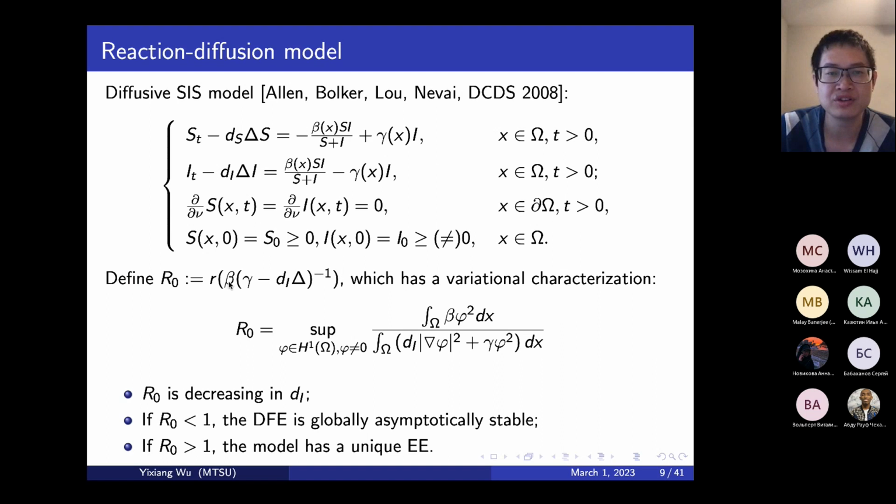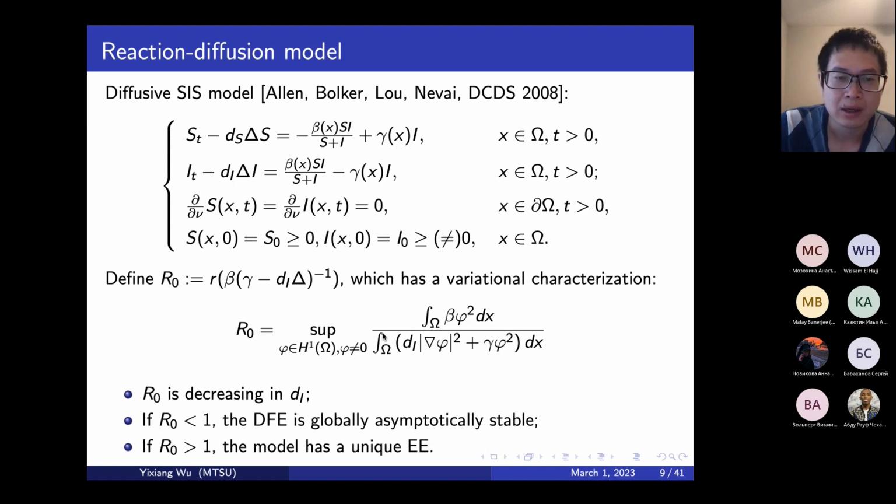For this model, they define a basic reproduction number R0 as the spectral radius of this operator, and this R0 has a variational form.